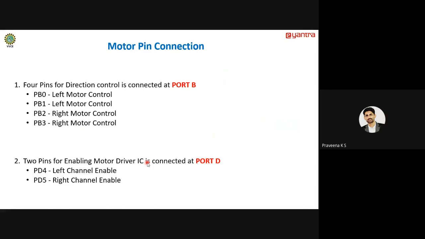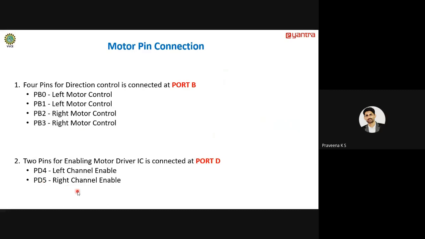To enable that, there are two pins connected to this motor driver IC. Those are from port D. In port D, pin numbers 4 and 5 are connected to the enable pins of the L293D. Fine. So PD4 is for the left channel and PD5 is for the right channel.